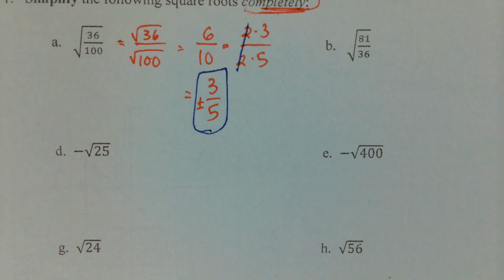Nice. Good job. Oh, did you? Did I not give you this? My bad. Sorry. Yeah, this is 65. Sorry. You did? Good. Plus or minus goes in the front. Oh, yeah.